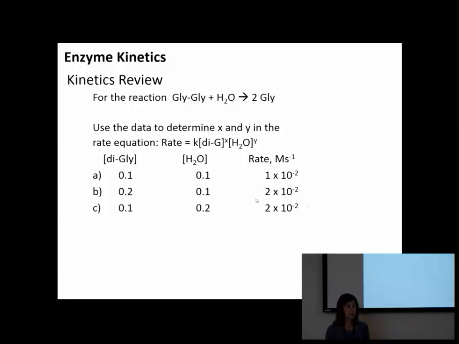There's a more mathematical way to approach this, but I'm not going to get into it here. If we double the concentration and the rate doubles, then it's first order. If we double the concentration and the rate quadruples, it's second order.